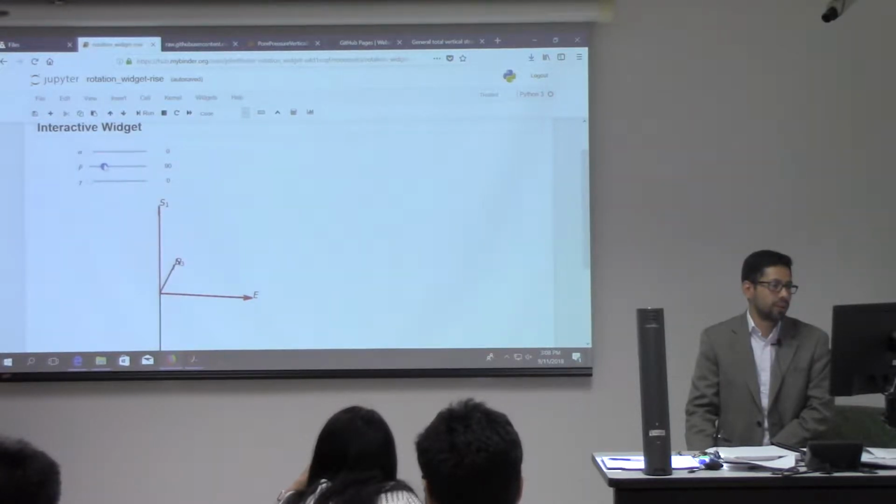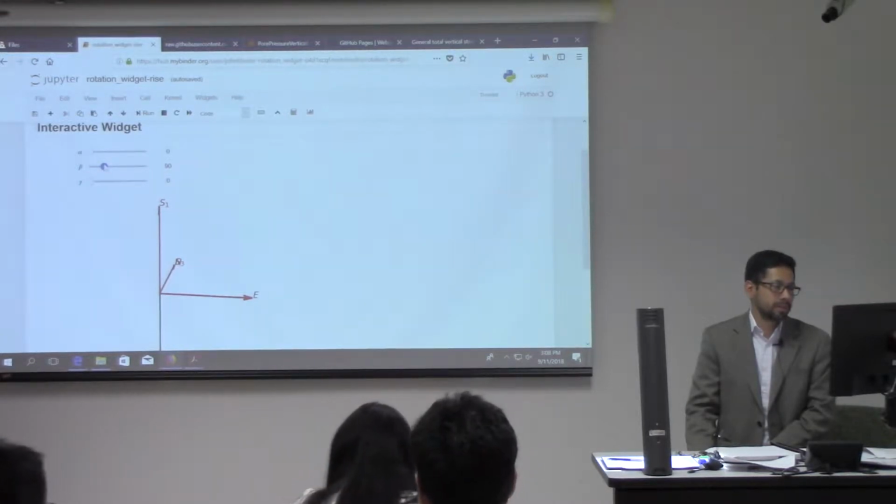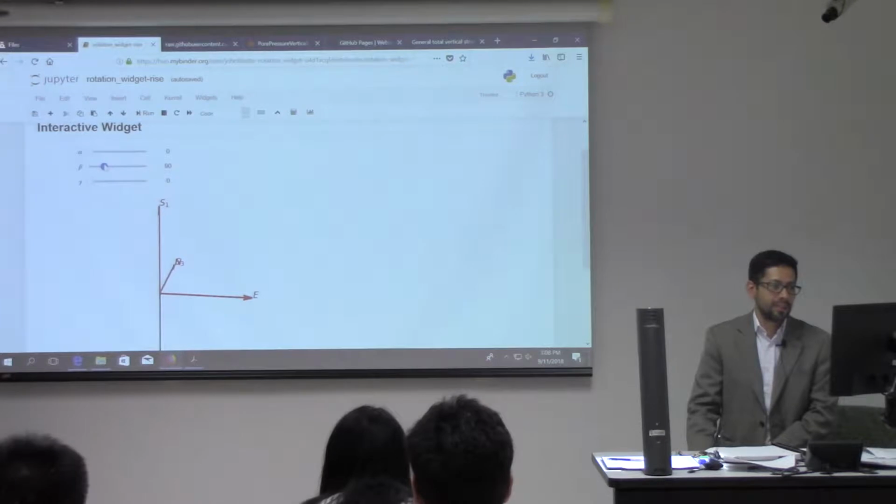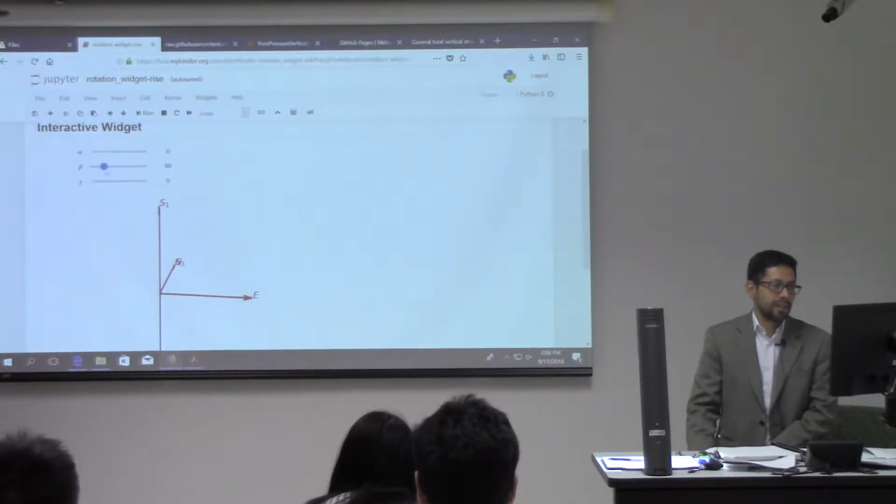Notice that, for example, what kind of stress regime will that be? Maximum principal stress is vertical. That's a normal, right? That's a normal.